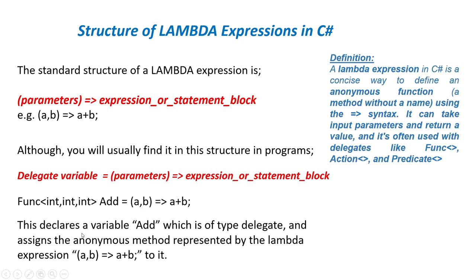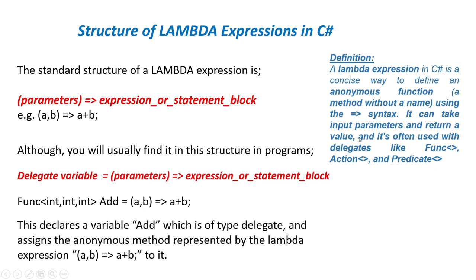So this declares a variable add, which is of type delegate, and assigns the anonymous method represented by the lambda expression, A comma B in parentheses on the left, mapping to A plus B, which is the expression on the right. That brings us to a point where we can go through the last part of the definition.